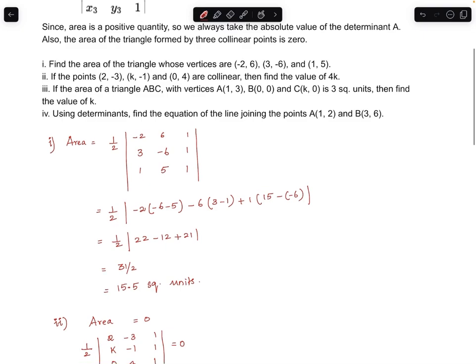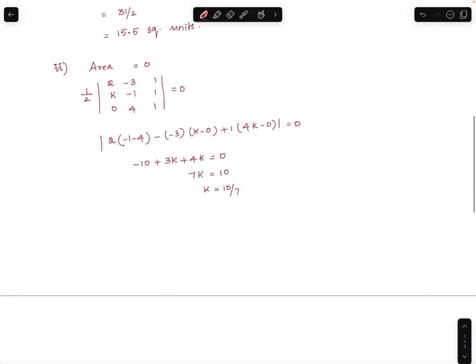We have to calculate the value for 4k. 4k is 4 times 10 by 7, which is 40 by 7.